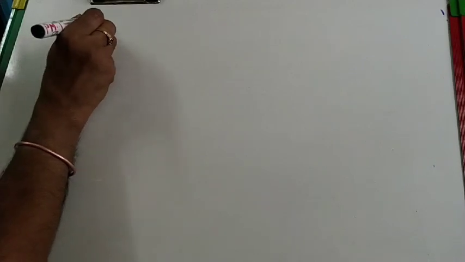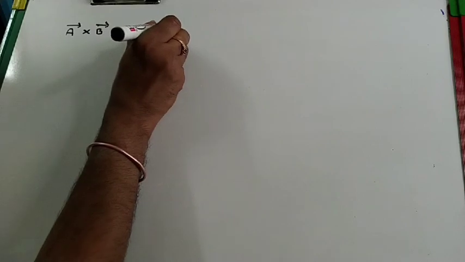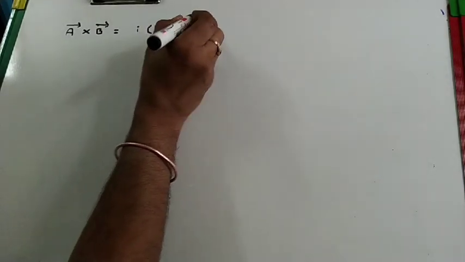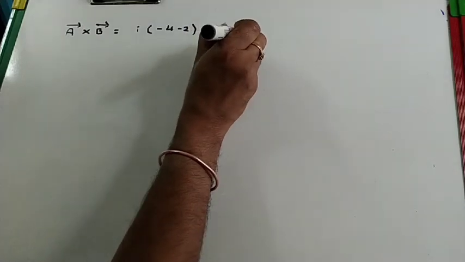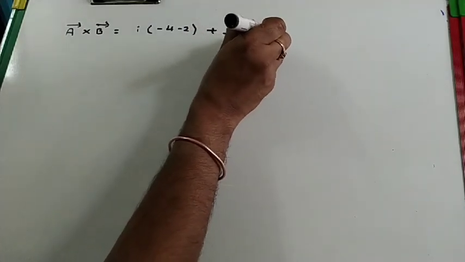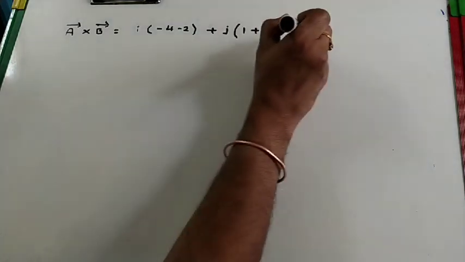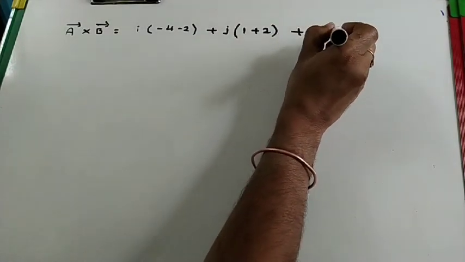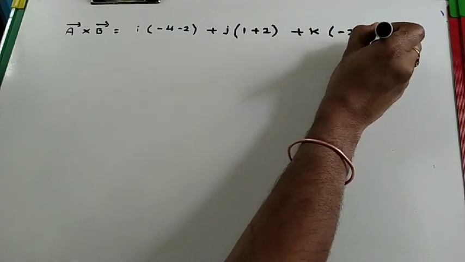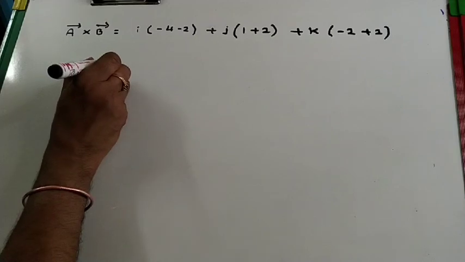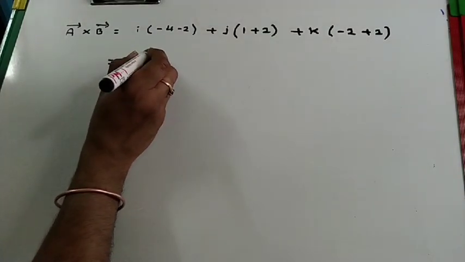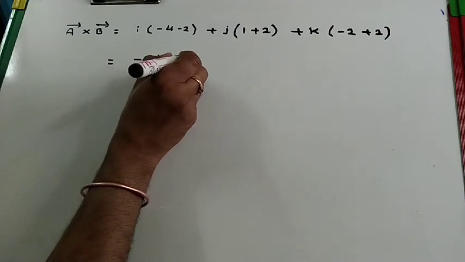Therefore, A cross B is equal to i into minus 4 minus 2, plus j into 1 plus 2, plus k into minus 2 plus 2. That is equal to minus 6i plus 3j.